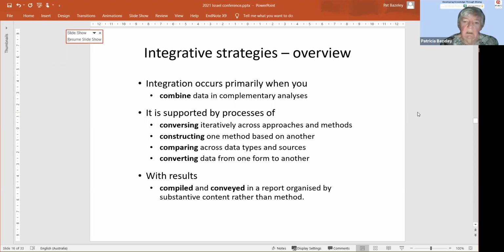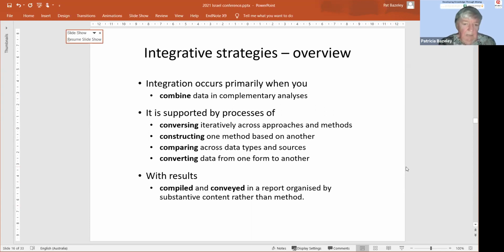Constructing one method based on another, comparing across data types and sources, converting data from one form to another. So these processes all contribute, but ultimately each of them then has to lead into a form of combination.